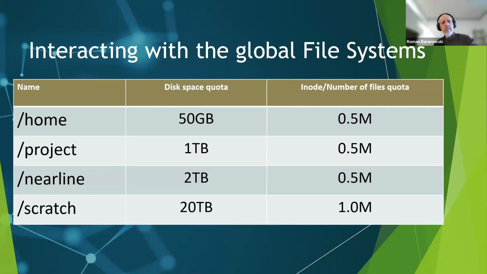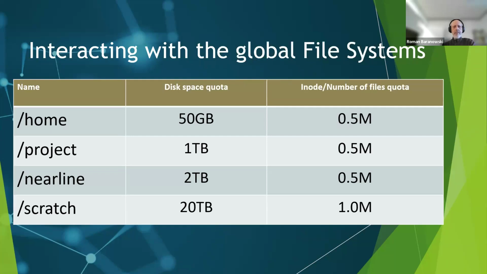Home, as the name suggests, is your private space. So in home, you should store mostly the stuff which is yours. This is your source code, your thesis, the paper you are working on, the graphs, tables, static data.